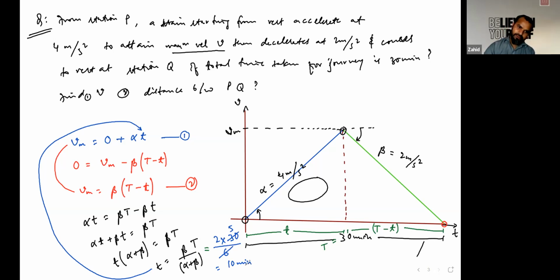If you put this particular value of t in this particular first equation, just convert this particular unit into second by multiplying it by 60. So it will become 600 second. Good, Hamza.